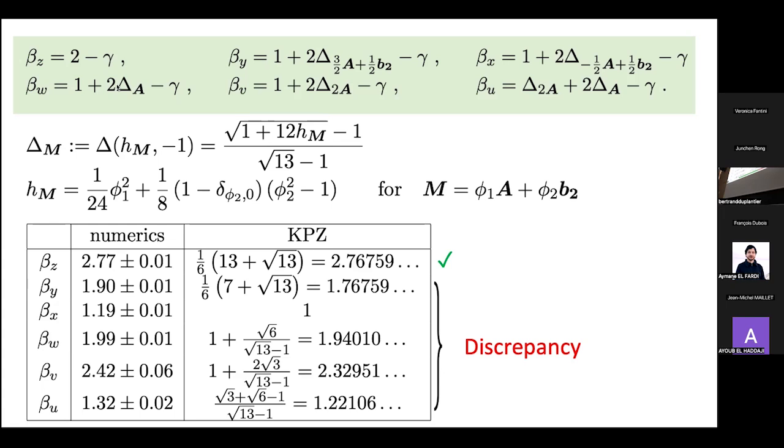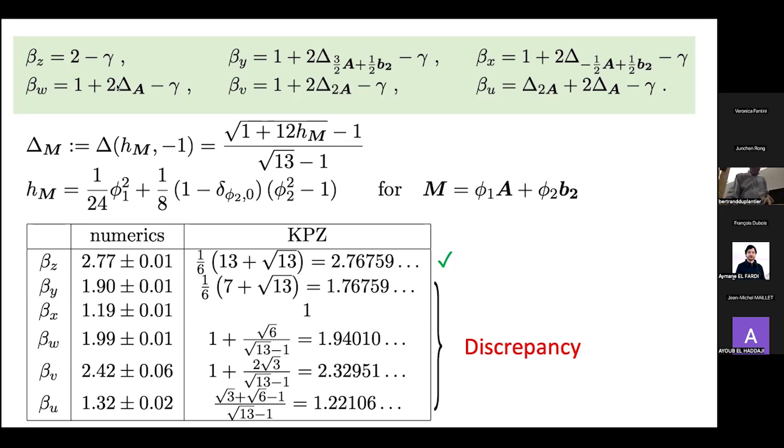So the first one fits, but all the other ones, they don't fit. You say 199, 194, 190, 176, 119, 1. I mean, clearly there is a problem. That was a big surprise because we are strong believers in KPZ and Coulomb gas and so on. And of course, the numerics were done with high-powered computers, etc.